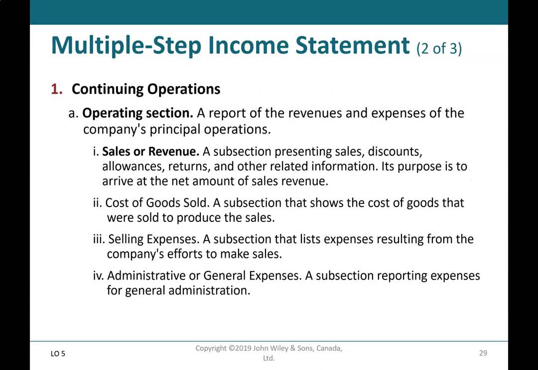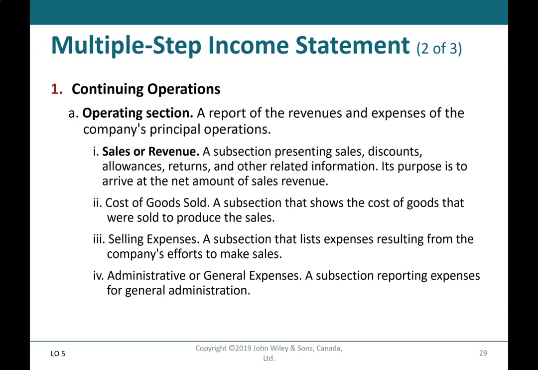Multiple-step income statement 2 of 3. 1. Continuing operations. A. Operating section. A report of the revenues and expenses of the company's principal operations. Sales or revenue. A subsection presenting sales, discounts, allowances, returns, and other related information. Its purpose is to arrive at the net amount of sales revenue.